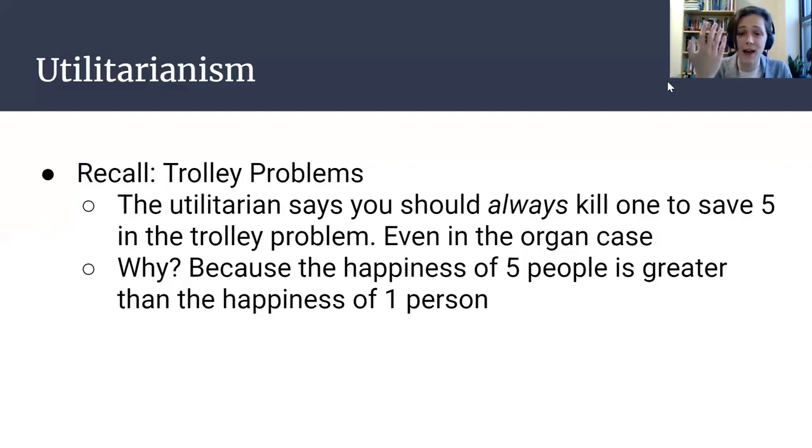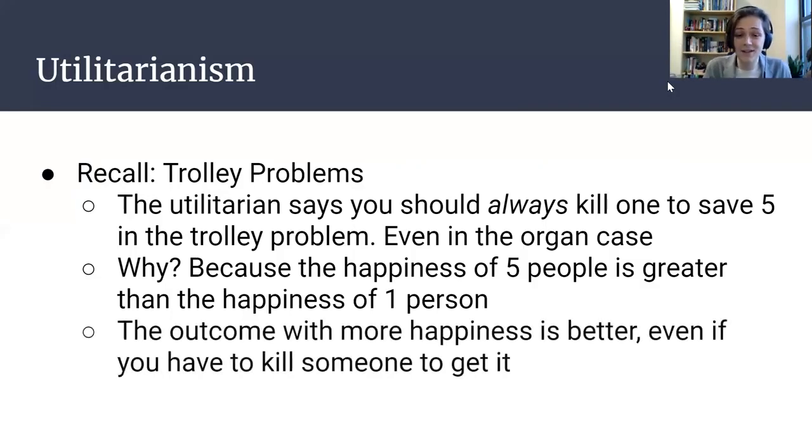And the way to choose that is to kill the one person and harvest their organs. That results in more people leading happy lives, and so it results in a greater total happiness in the world. And so even though you have to murder someone to do it, it's the better outcome.